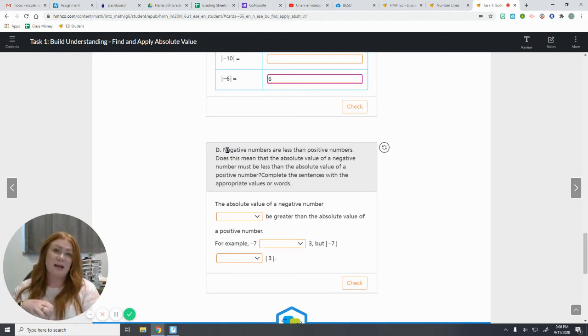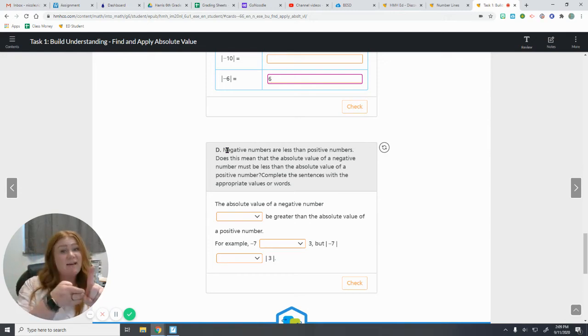So let's say this time, let's switch those numbers around and let's have -7 and 1. So -7 is smaller than 1. If I have $1 and you have -7, I've got more money than you. So let's think about their absolute values though. It takes 1 jump to get from 1 to 0. So that has an absolute value of 1. I'm at -7.